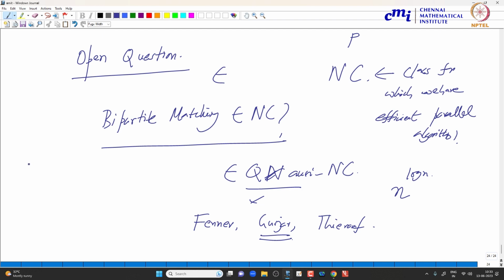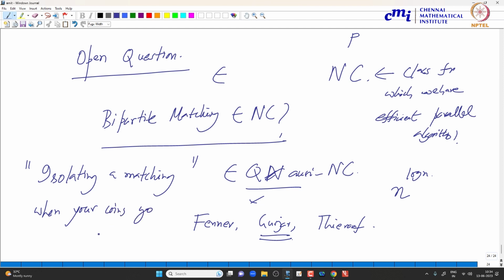This was also covered in Communications of the ACM, with a funny title: isolating a matching when your coins go missing. That means, I was assuming in this randomized algorithm that I have random bits, that I can uniformly pick some things at random.